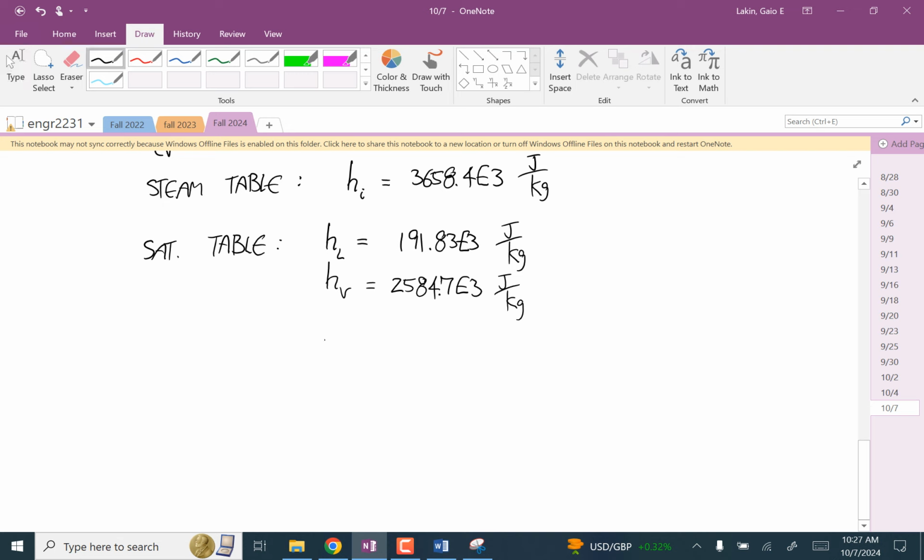And so h at the exit is 0.9 times the one for the vapor plus 0.1 times the one for the liquid.